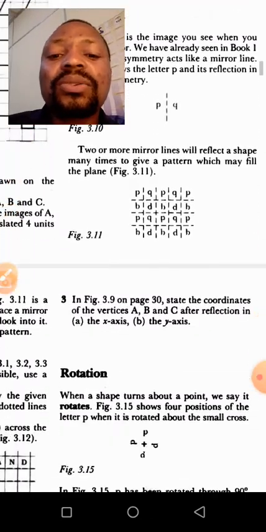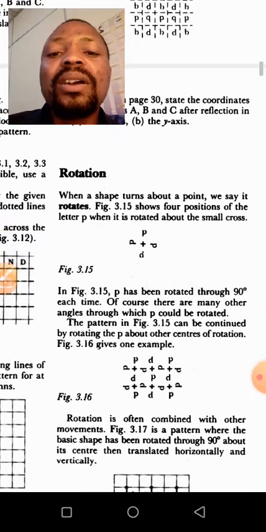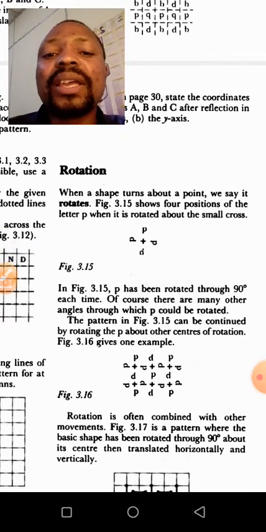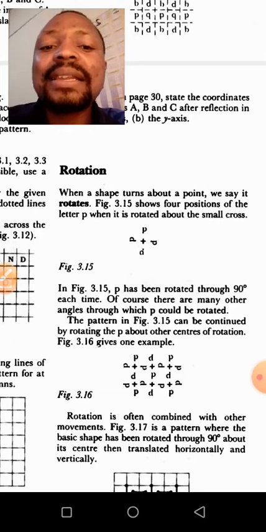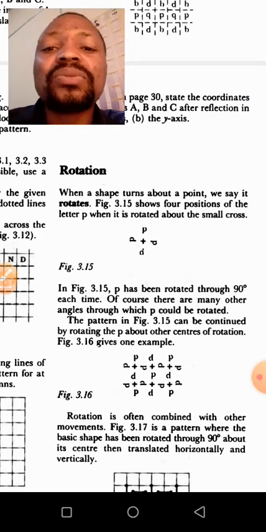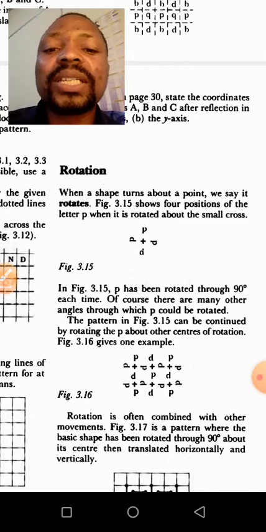And now when you are talking of rotation, there must be the center of rotation, and there must be the angle of rotation. You need to know the center of rotation and also the angle of rotation.